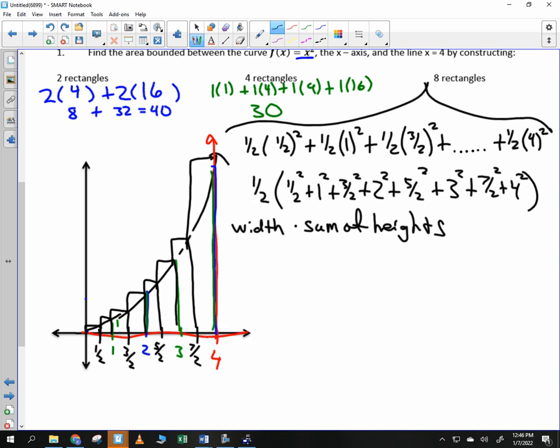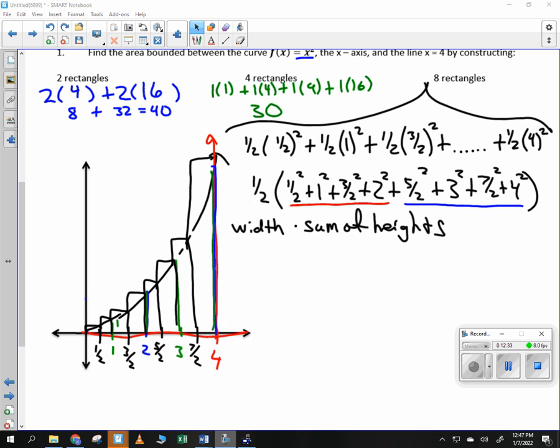Half right here. This half of the room, please calculate the red. 1/2 squared plus 1 squared plus 3/2 squared plus 2 squared. This half of the room, please calculate the blue part. 5/2 squared, 3 squared, 7/2 squared, 4 squared. Please compare with a partner. If you're punching in the fraction, please make sure you use parentheses around the fraction when you square it, or it will not work properly. Okay? Go.